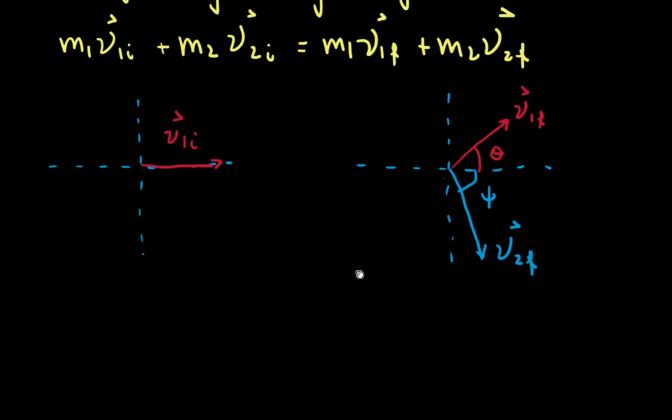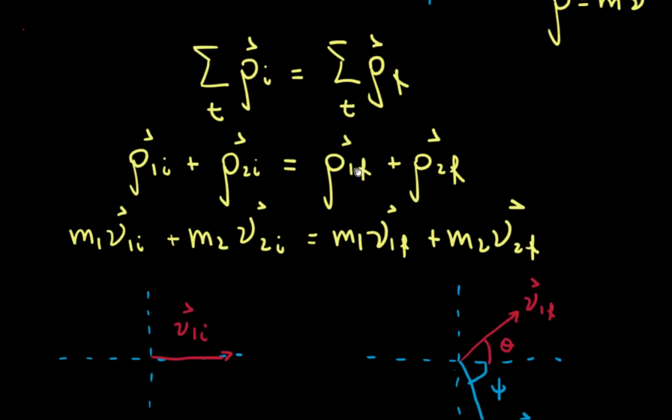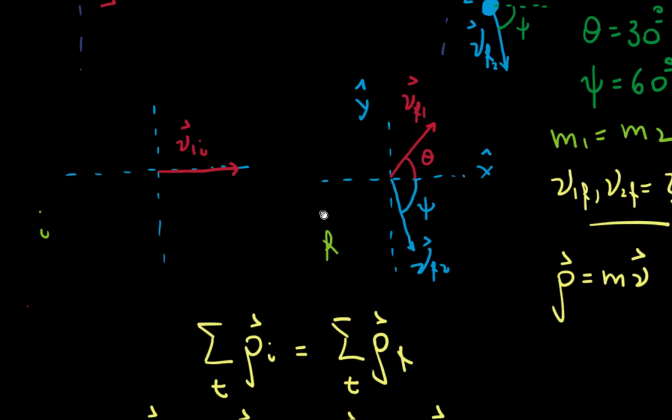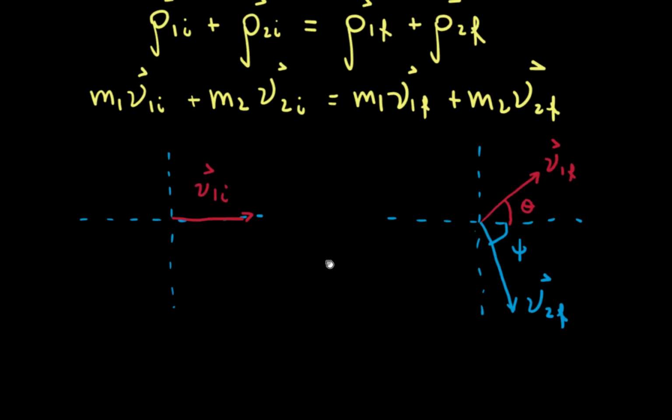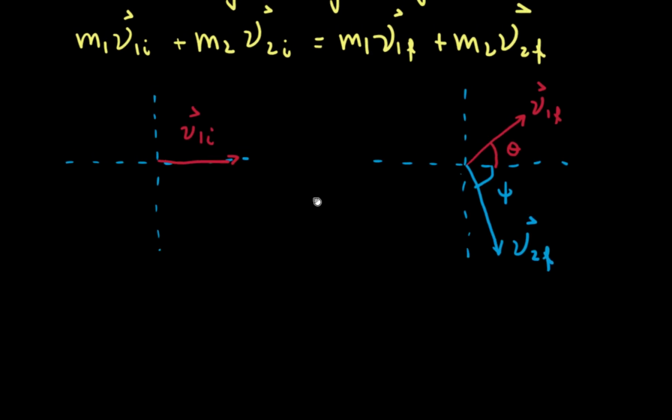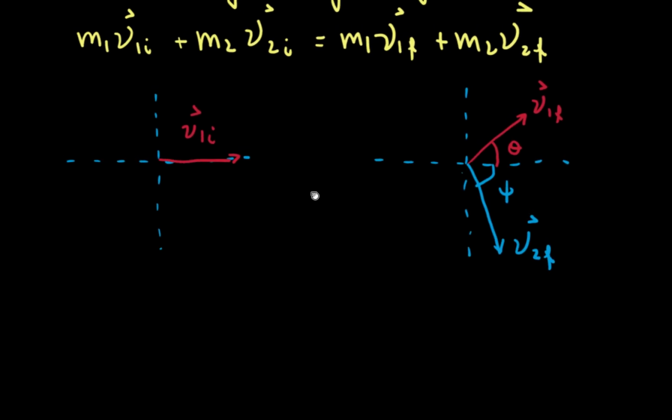Okay, I took the time to recreate the drawing we had up here, down here, just so that you can follow closely how we're going to decide what each term is going to be. So let's do the x direction first.